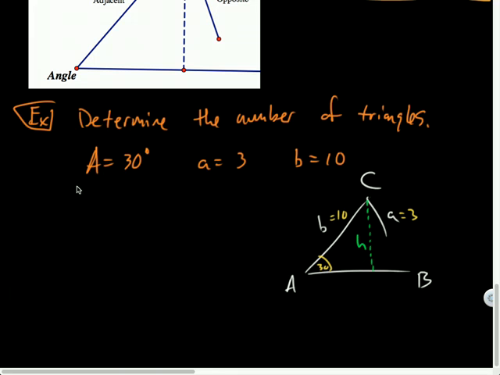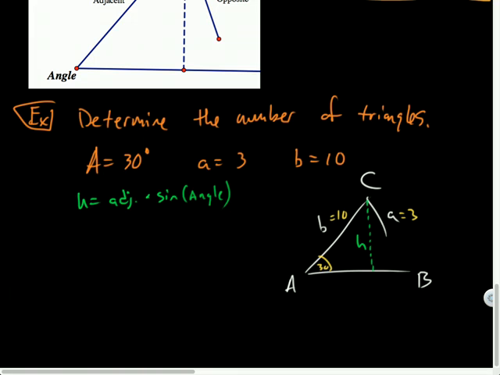And to calculate height, as I said, it's the adjacent times the sine of the angle.